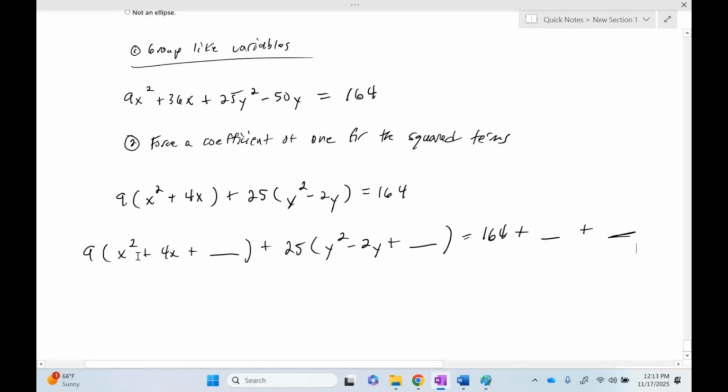So as we look at the x variables, I want to complete the square. So if I look at the coefficient of my middle term, it's 4. I want to divide that by 2, and I want to square it.